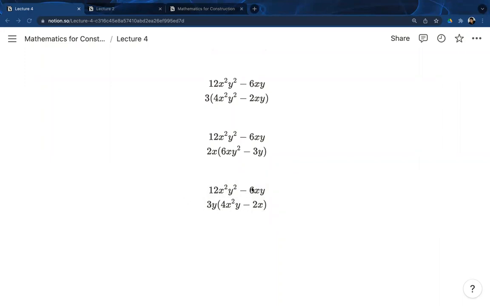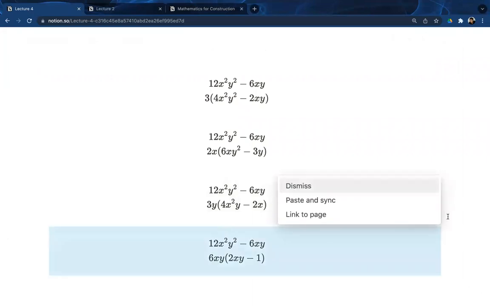And I want the highest. So I think you understand where I'm going with that. The highest common factor of the terms could go on the outside here. So essentially, I will get something like this.